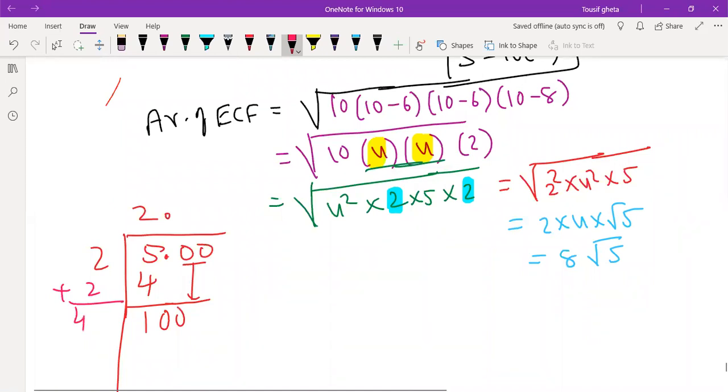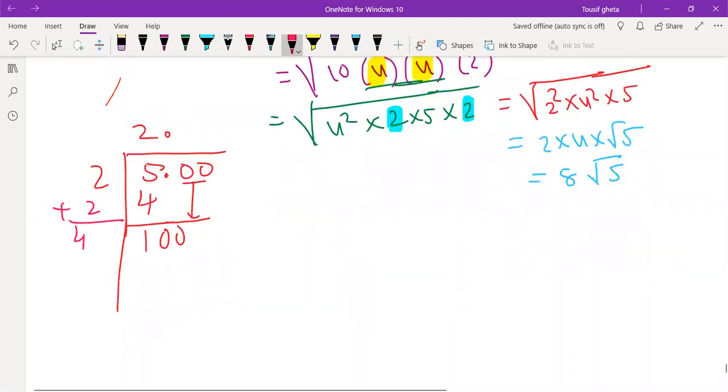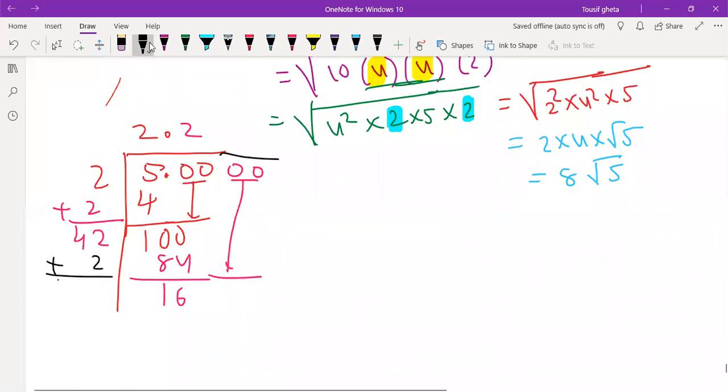Next also is there, so please understand this one. 42s are 2, 84 we will get. Will remain 16. Again you can take 2 zeros down. And this 2 will be added. These 2 zeros will come down. One more digit.